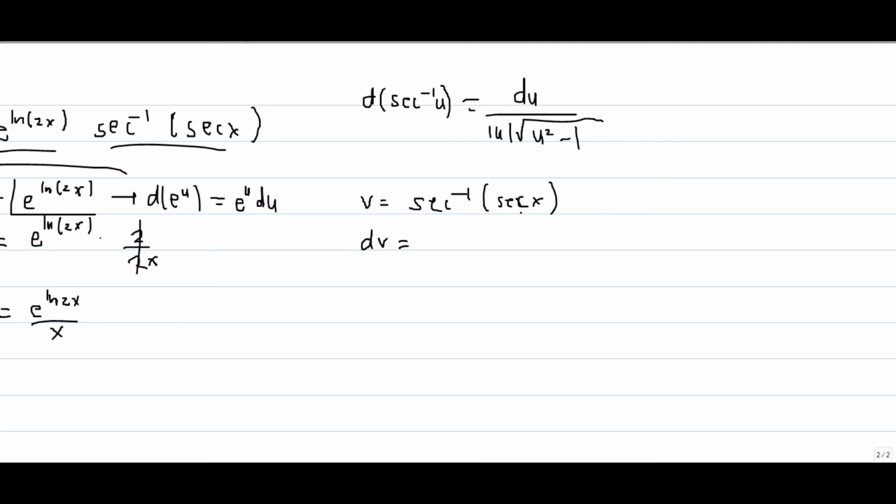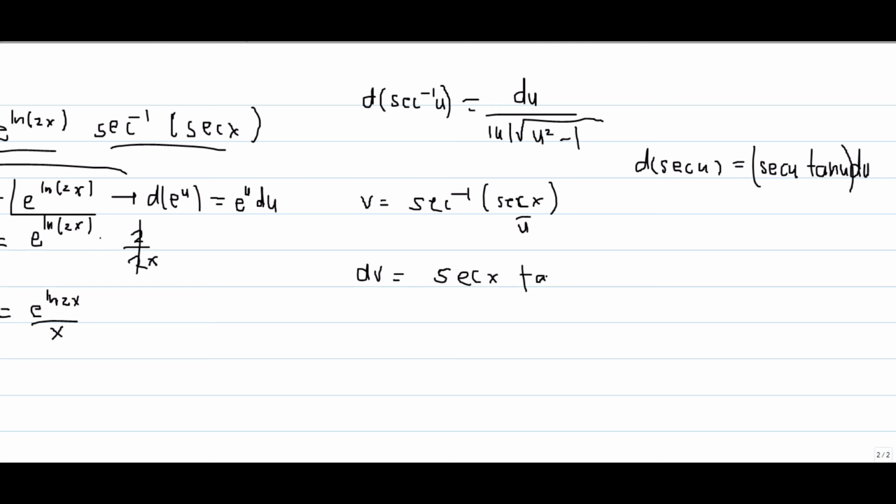Okay, so since in this case we considered it as u, take note that the derivative of secant u is equal to secant u tan u du. Du here is the equivalent of secant x tan x, and the derivative of x is 1.